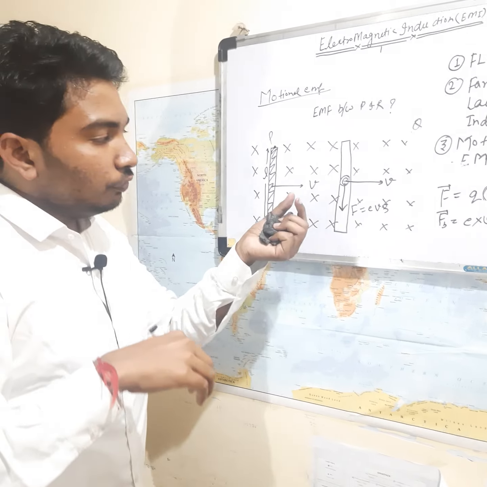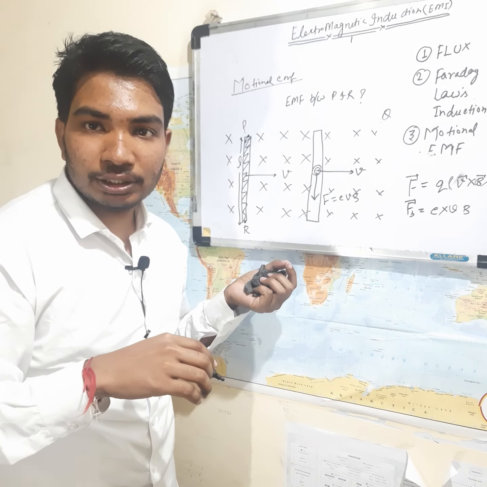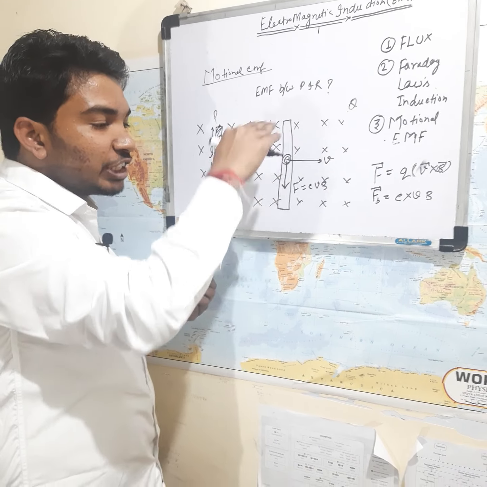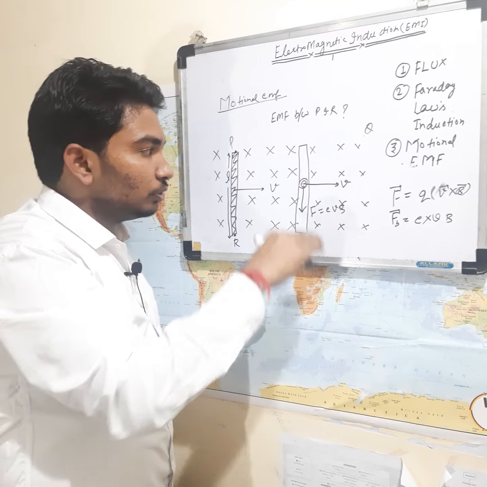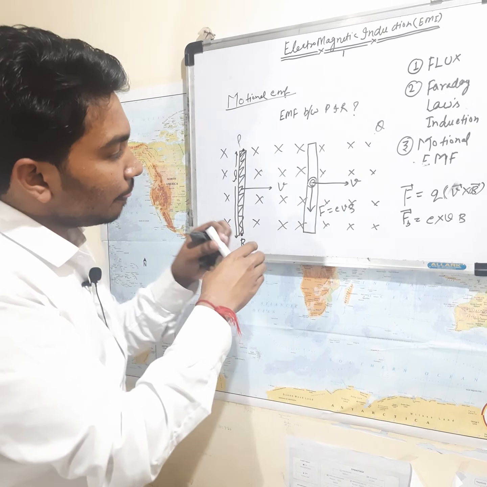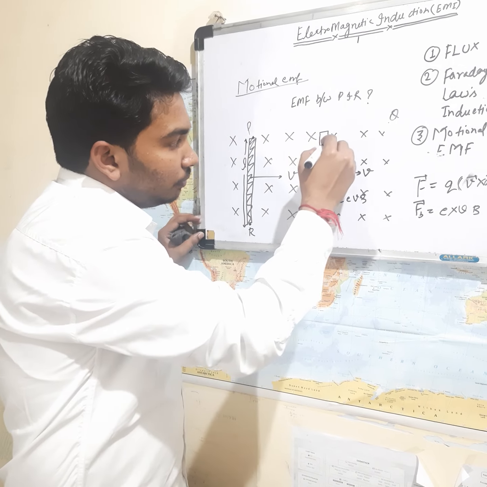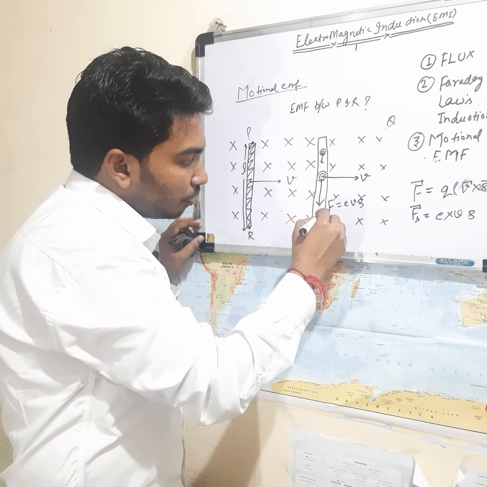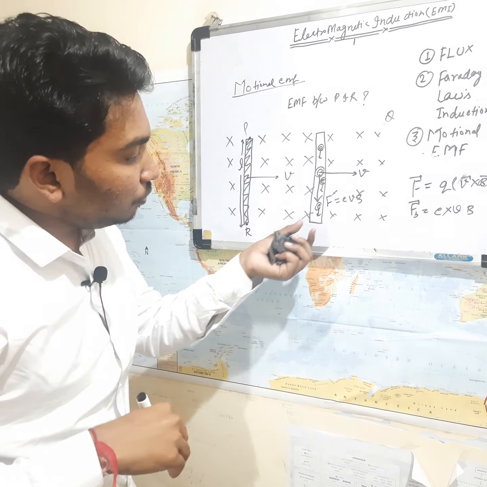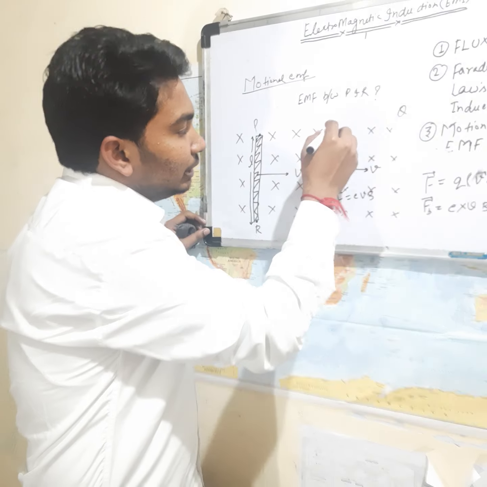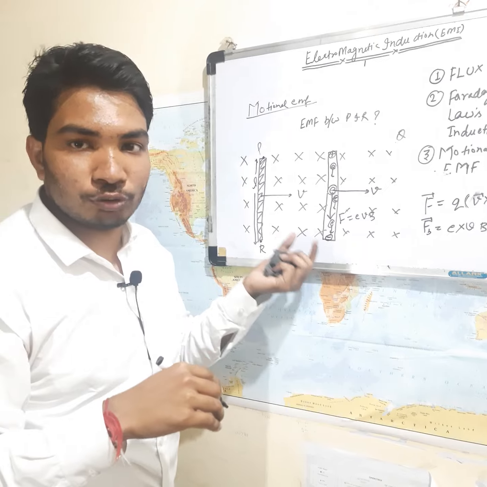But if you see this rod in the steady state, all the electrons experience the force from top to bottom, and electrons are free to move, so every electron moves towards the bottom. Moving towards the bottom means there is a positive charge and a negative charge getting accumulated.